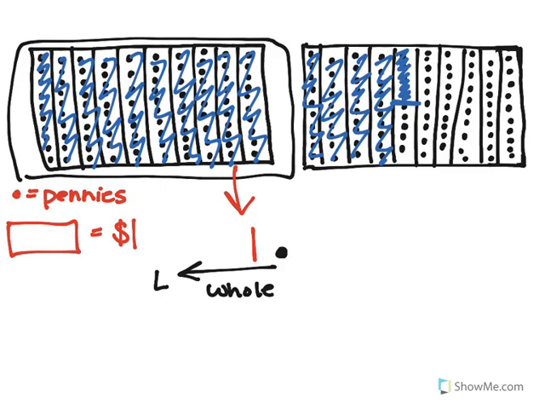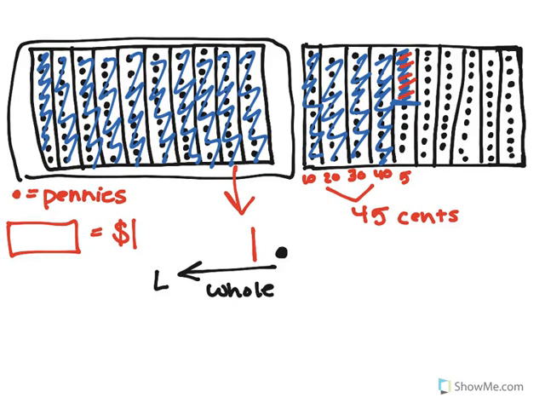Now I need to get the fraction part. I have 10, 20, 30, 40, and then I had 41, 42, 43, 44, 45. So that means I have 45 cents.